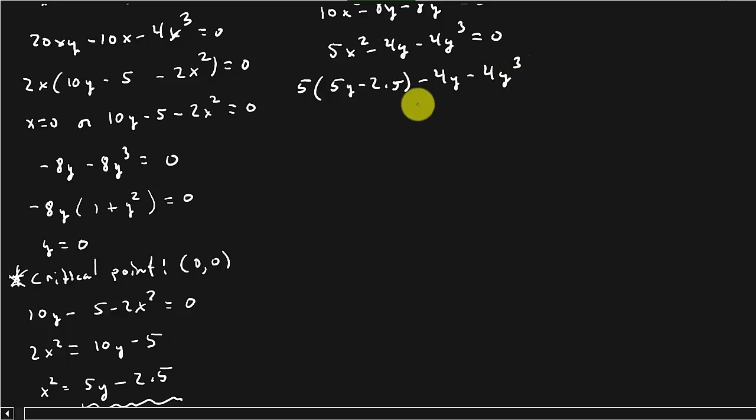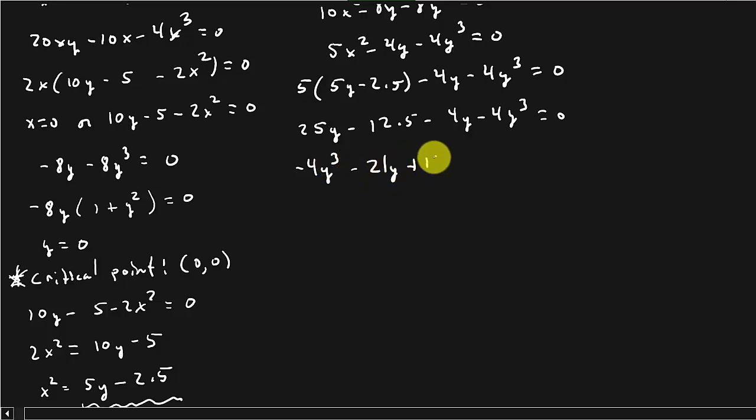Now let's multiply this out. That's 25y, and then 5 times 2.5 is 12.5, minus 4y minus 4y cubed. And by the way, all this equals 0. That gives me negative 4y cubed plus 21y minus 12.5 equals 0.